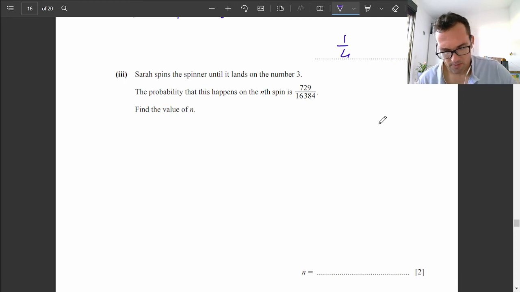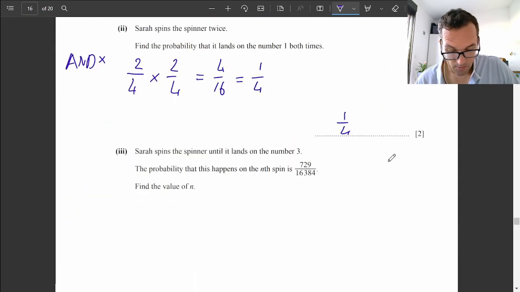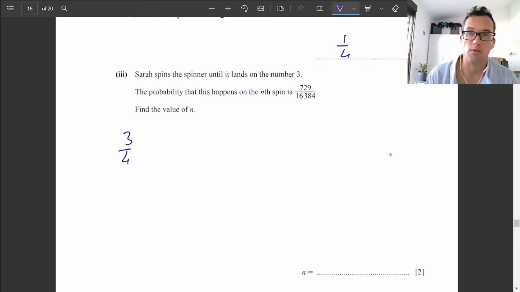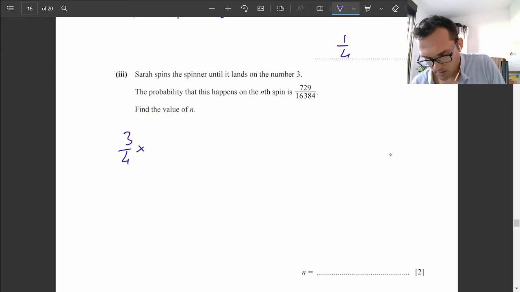So let's think carefully, right? She spins the spinner until it lands on number 3. So first of all, the probability of not landing on 3 is 3 out of 4. So she spins it, it doesn't land on 3. The probability of that happening is 3 out of 4. Then she spins again. Let's say it doesn't land on 3. So that's another 3 out of 4. And she keeps doing that until, we don't know how long, eventually it lands on a 3.